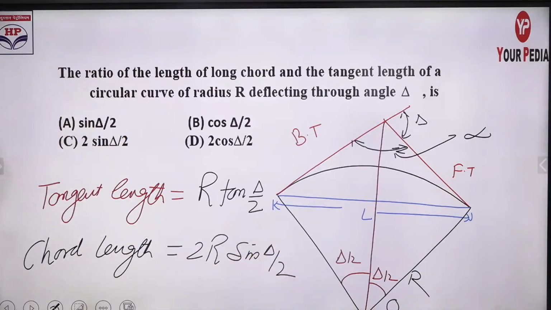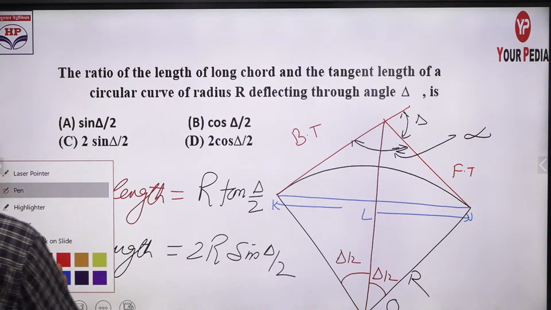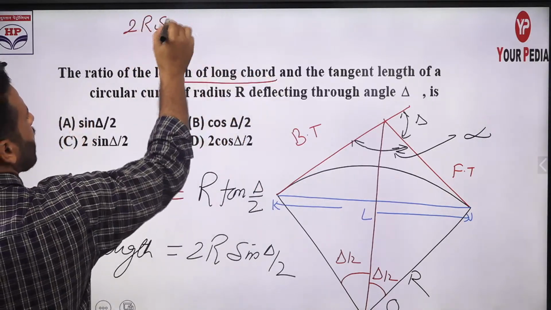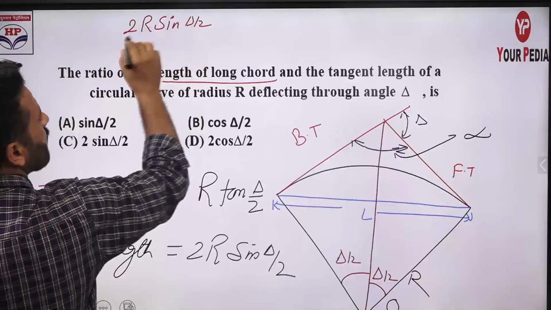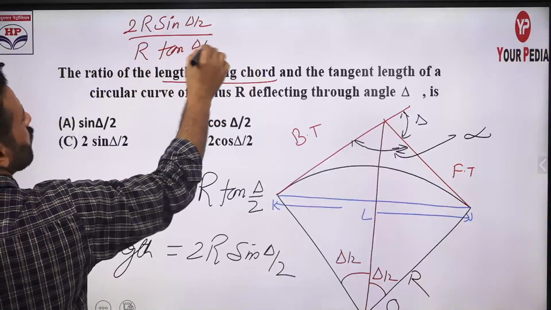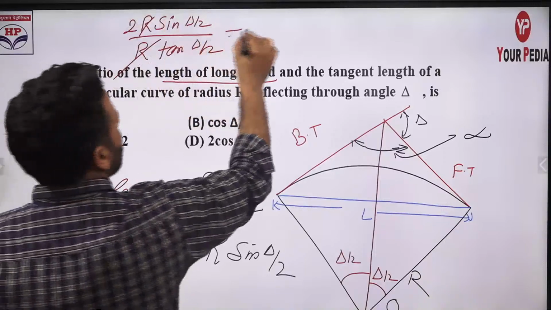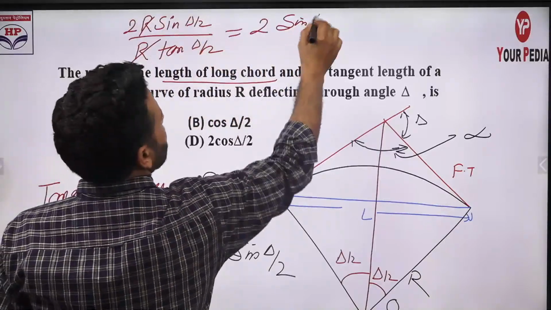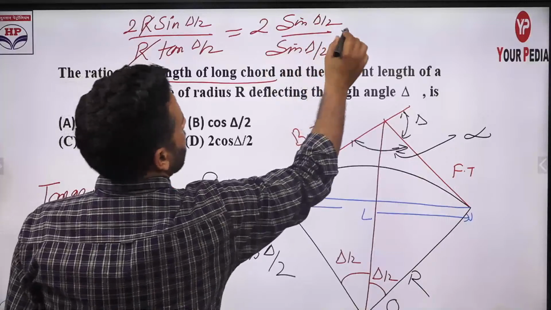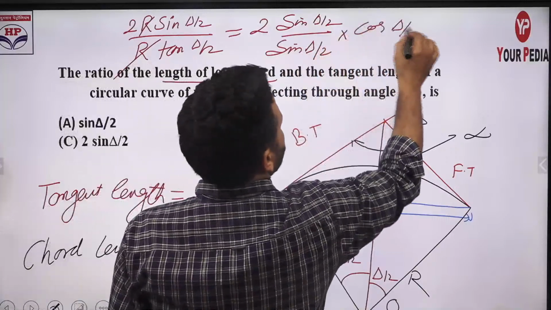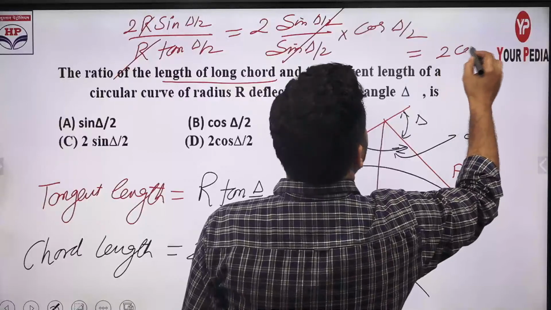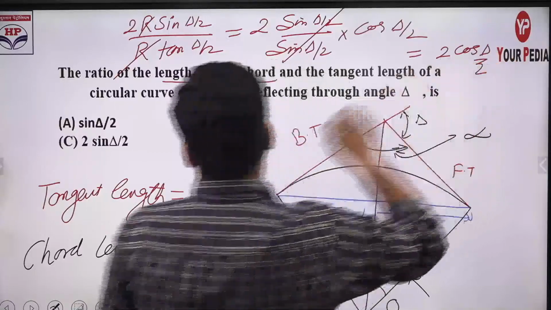As per the question, he is asking the ratio of the length of the long chord, that is 2r sine delta by 2, divided by the tangent length r tan delta by 2. R will cancel out, leaving 2 sine delta by 2, and you know very well tan is sine by cos, so cos delta by 2 will be here and sine cancels out. So this is 2 cos delta by 2.